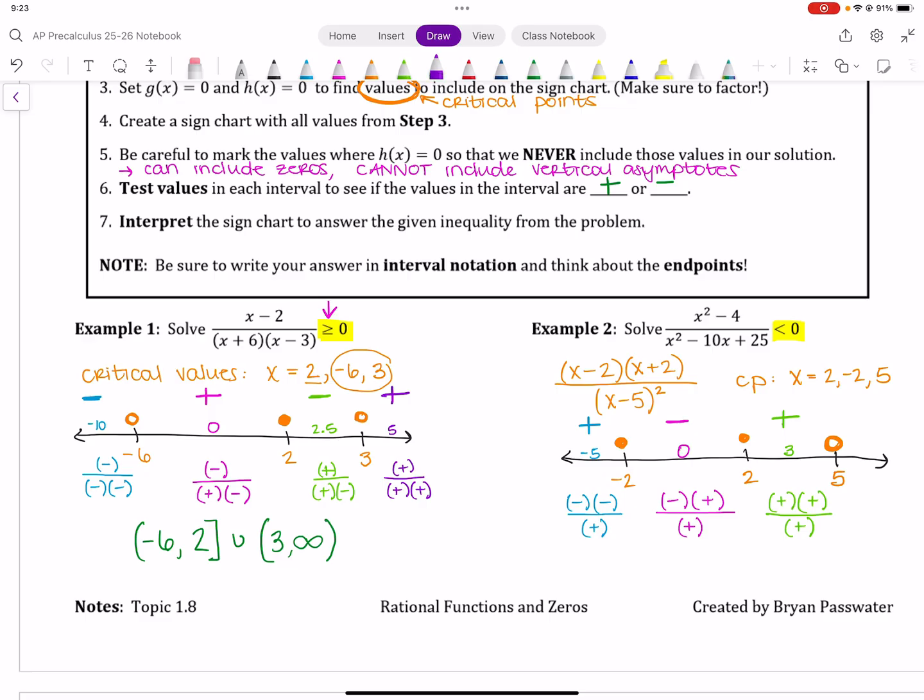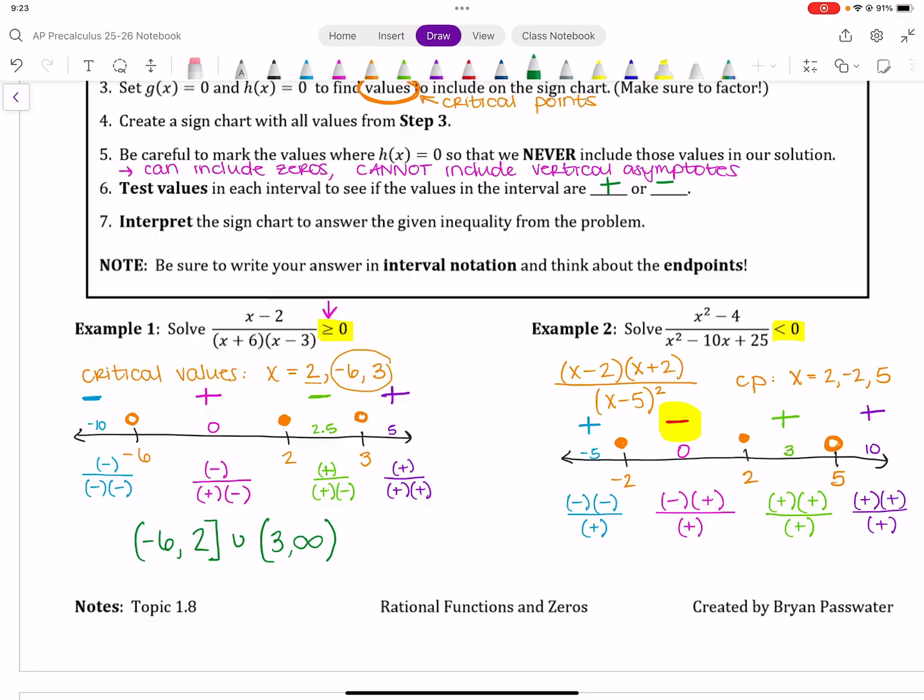And then our last interval, we could check, say, 10. So 10 minus 2 is going to be positive. 10 plus 2, positive. And our denominator, always positive. So that interval is positive, which means we only have one interval that is going to be below our x-axis.